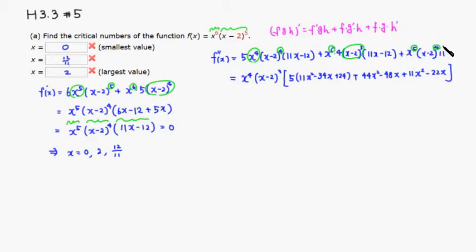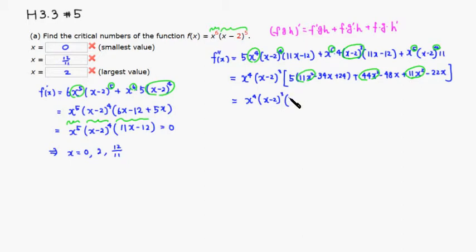It's really yucky, but collecting the like terms, with x to the 4th and x minus 2 cubed, we have 55x squared here, and 44x squared, and 11x squared.